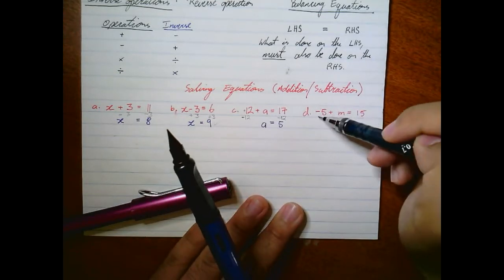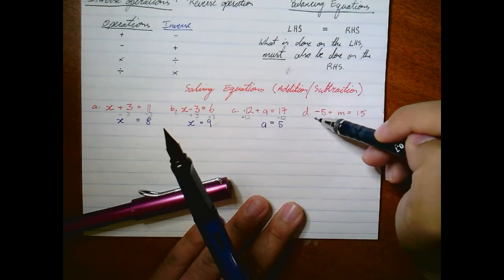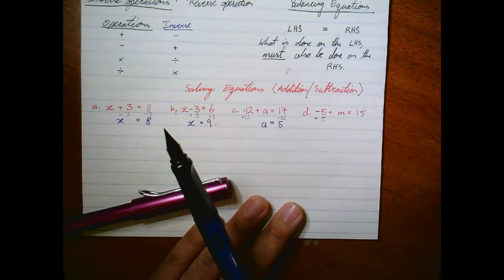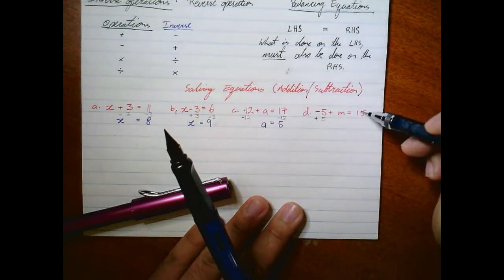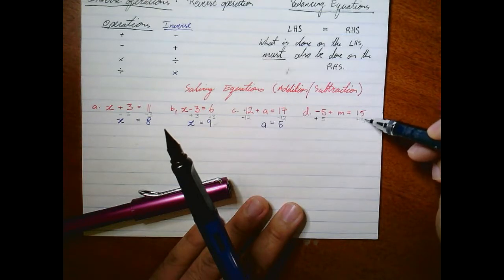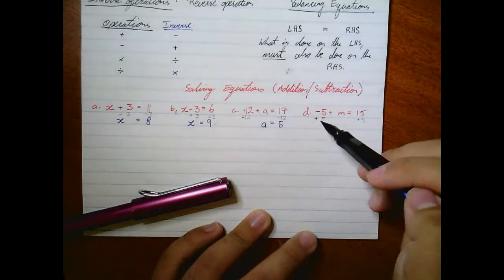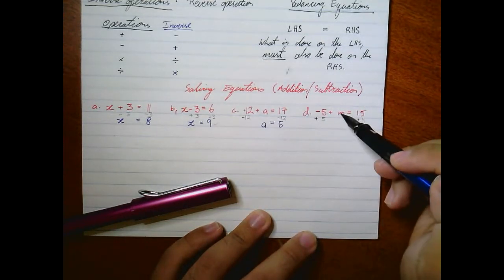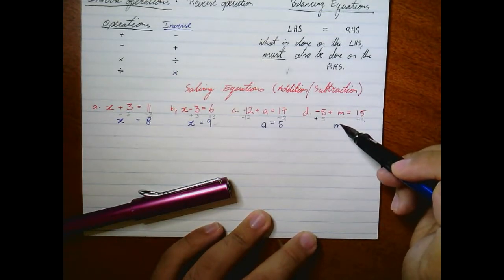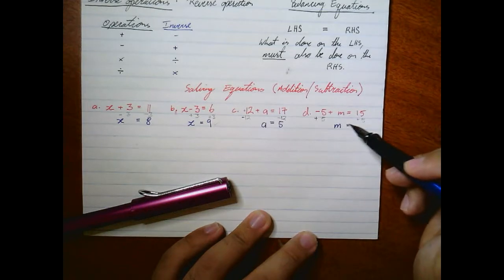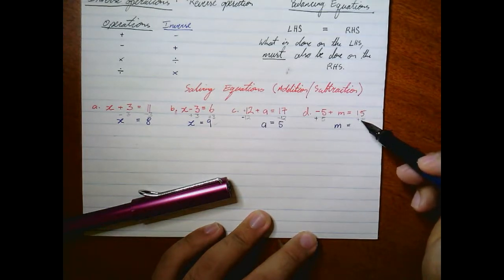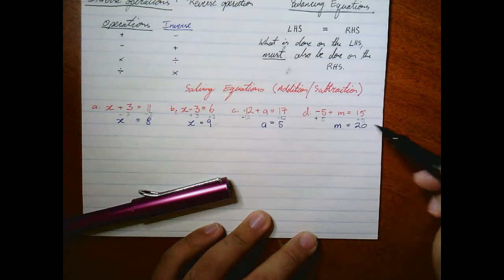So if minus 5 is the operation, we do the inverse, so we add 5. And since we're adding 5 here, we must also add 5 here. Minus 5 plus 5, that's 0. M is the only number remaining. 15 plus 5 is 20.